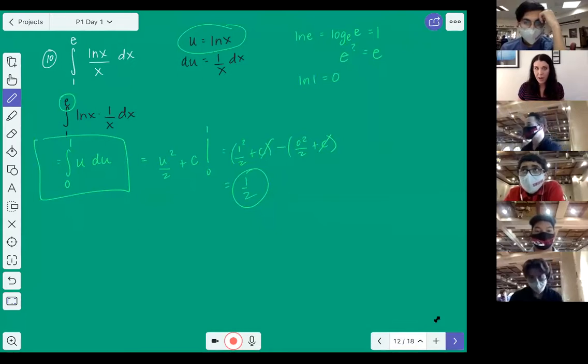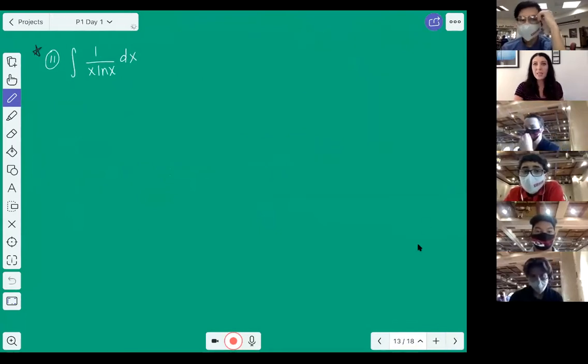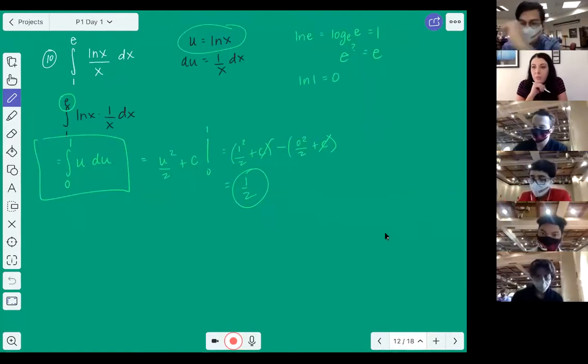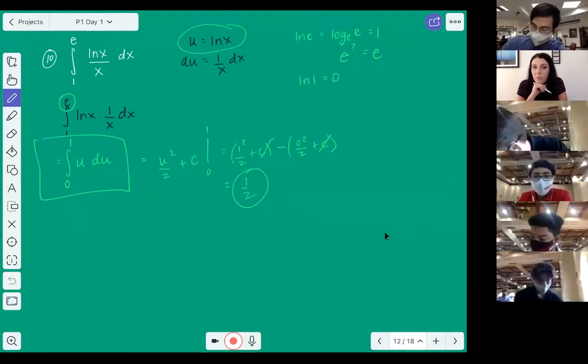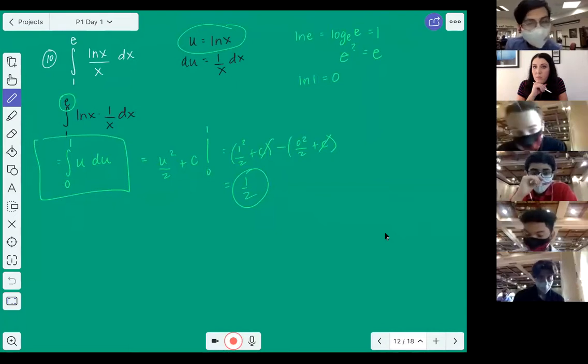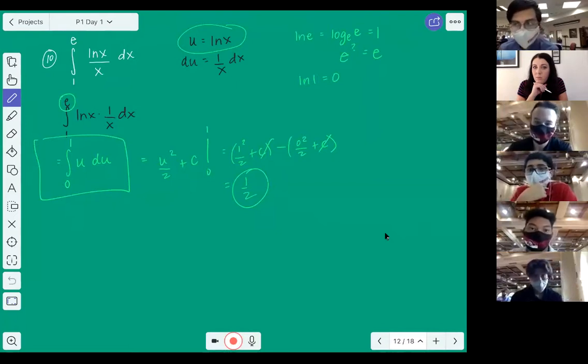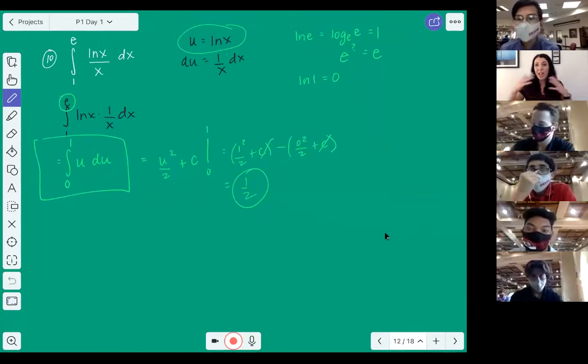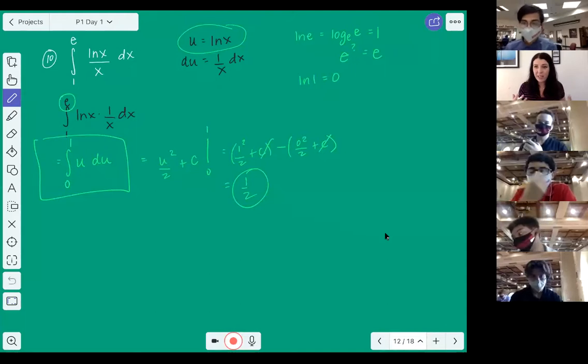Okay, next one. Quick question, Ms. Toshner. Yes, go ahead. Just on that last question, can we go over really quickly again why when we change the bounds, we can just plug in 1 and 0 for u instead of having to plug in ln x for u? Absolutely. So for this problem, since there are bounds, we changed everything so that now everything is in terms of u.